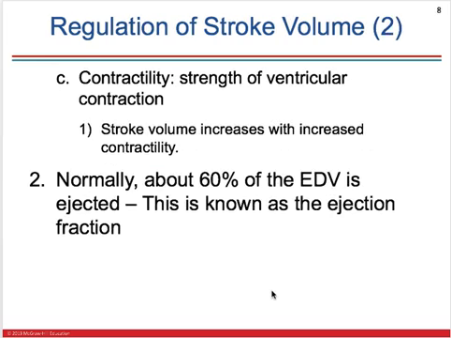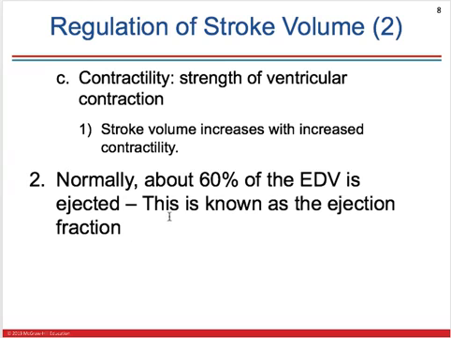Now, the other part of this component then is contractility. And so this is how vigorously does the muscle want to contract at any given stretch. And so as you'll see, the more you stretch out the muscle fibers, the more you enhance the strength of contraction. This also leads then to something referred to as ejection fraction.